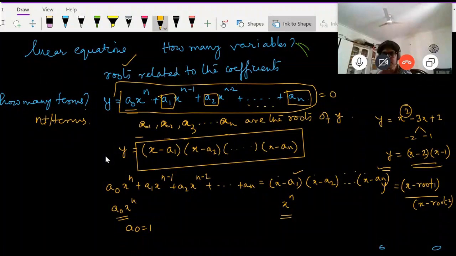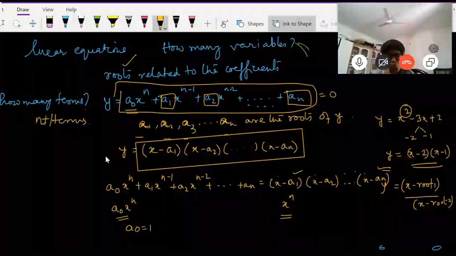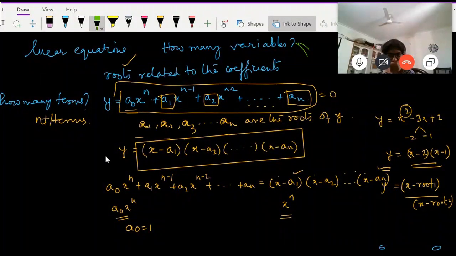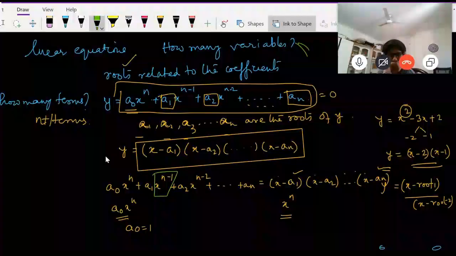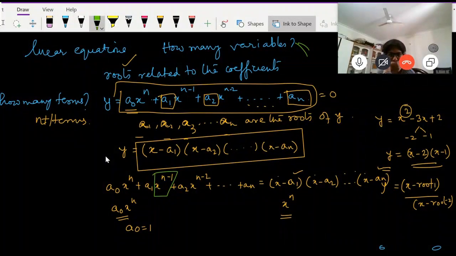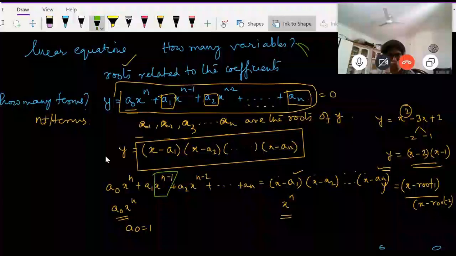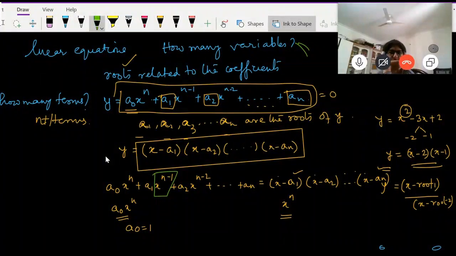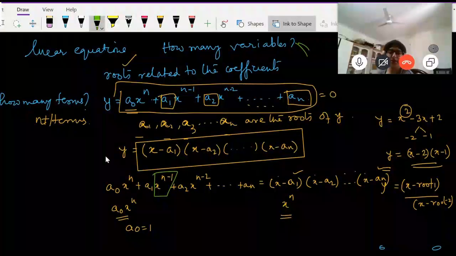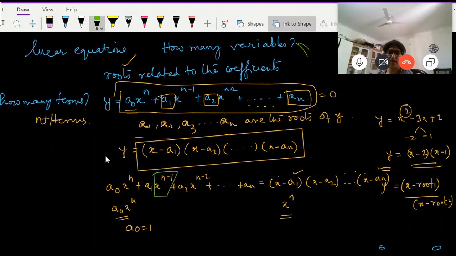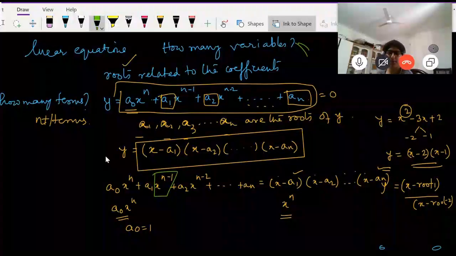Now next we come to x to the power n minus 1. How do we get the power of x to the power n minus 1 here? We equated with x minus a2.